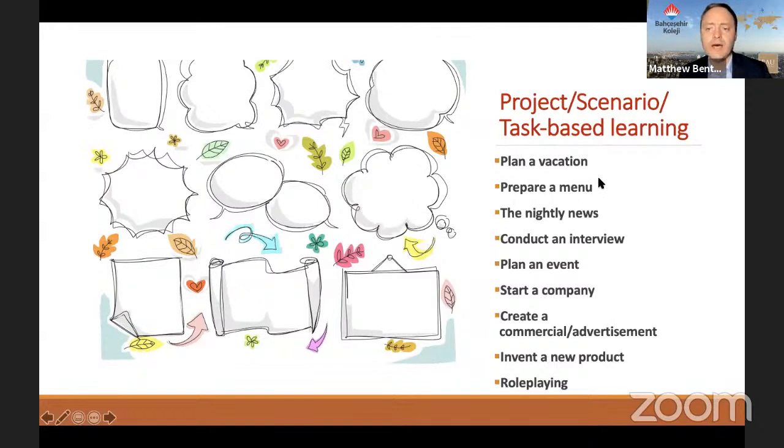Like above, we looked at how-to videos. Those are quite nice for actually demonstrating recipes. The nightly news, conducting an interview, planning an event, even if the event does not occur, starting a company, which I think up in middle school and high school ages is an excellent entrepreneurship activity to do with your students.